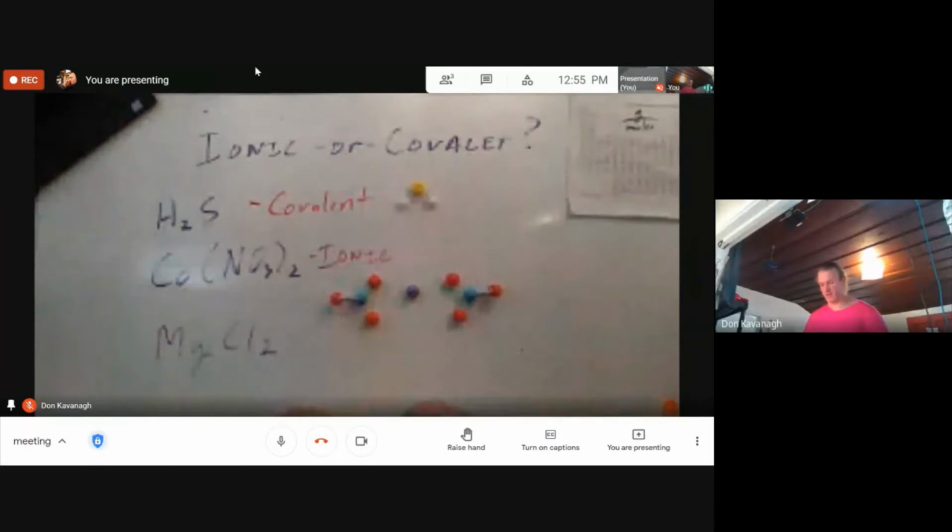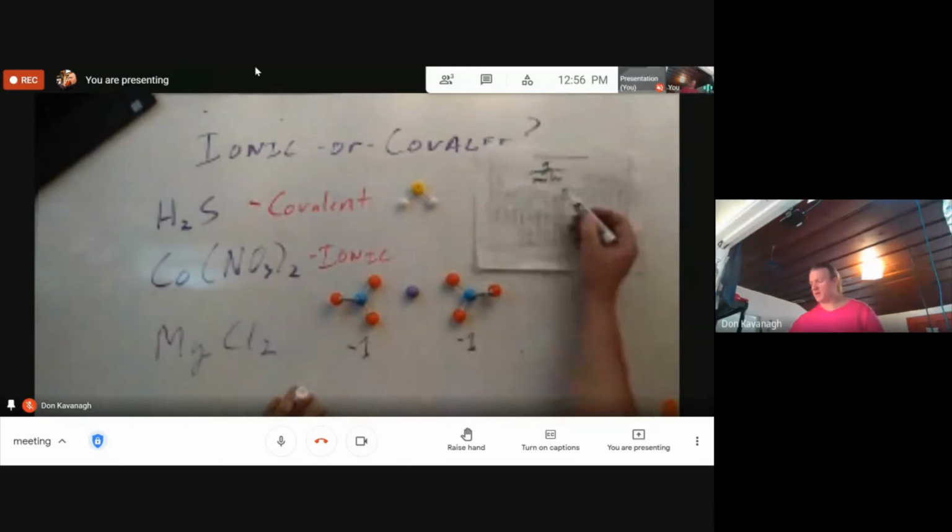Now, the charges that we're going to have on these right here. Nitrate is a commonly known anion with a -1 charge. You should make sure with your instructor if you have to know or memorize nitrate, NO3. Now, cobalt is a transition metal, and it can have multiple charges common to it.